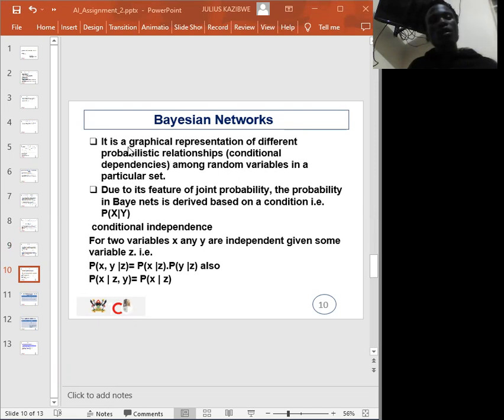It's a graphical representation of different probabilistic relationships, which I can call the conditional dependencies among random variables in a particular set. So we have a feature of joint probability. You can have joint probabilities where one depends on the other to happen.